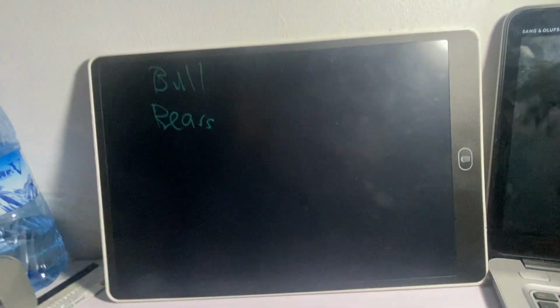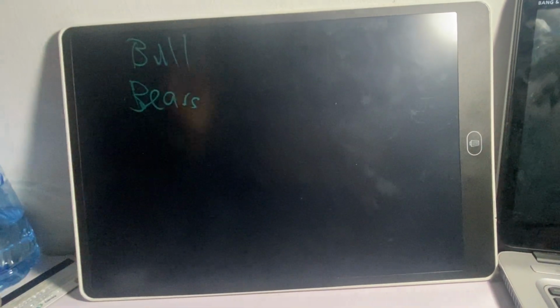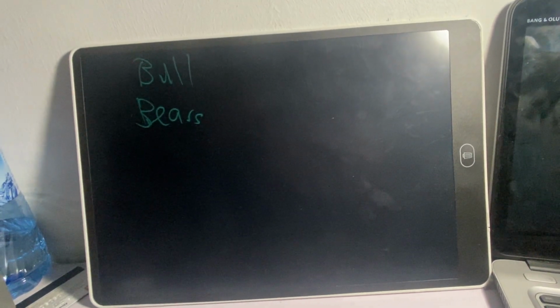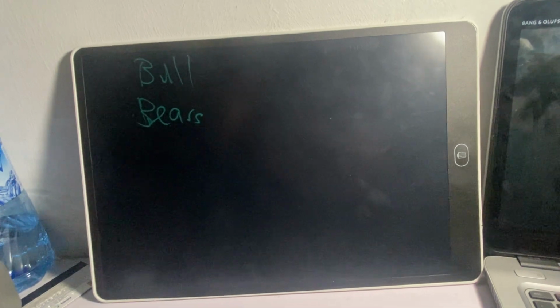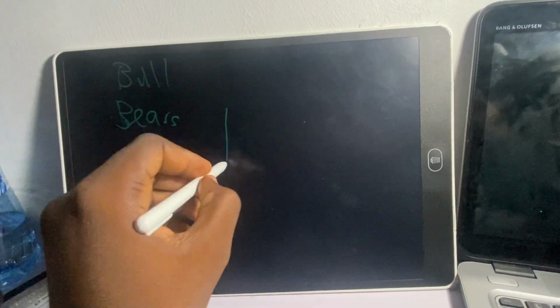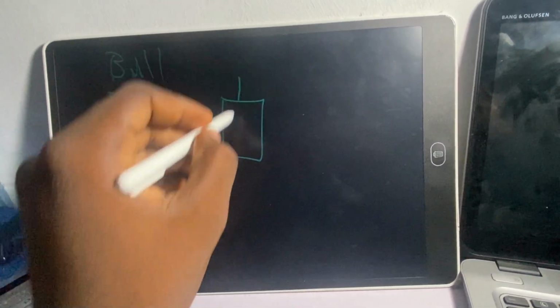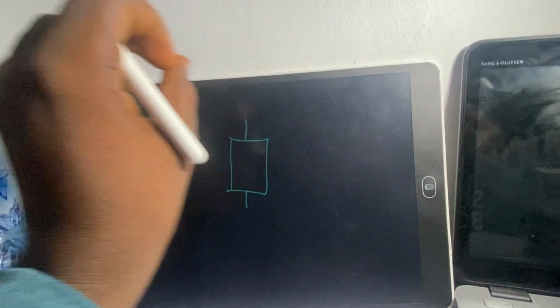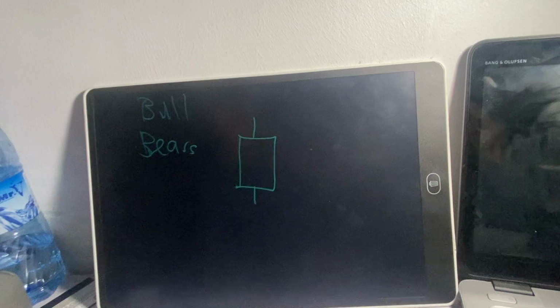To understand a candlestick, whether it is a bullish or a bearish candlestick, you can use two forms. Two forms to identify. The first is the open and close of the price of each candlestick. If you click on a candlestick on your TradingView, the information, the data of the candlestick will be highlighted at the top.